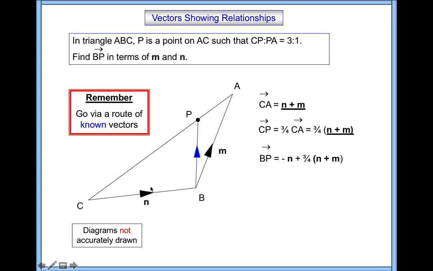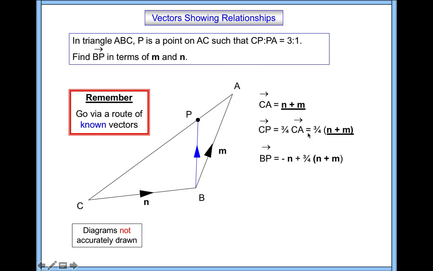Vector BC is going to be negative n, plus 3/4 of n plus m. Here 3/4 of CA, 3/4 vector CA. So that is vector CP. So vector BP is going to be vector BC plus 3/4 of vector CA.